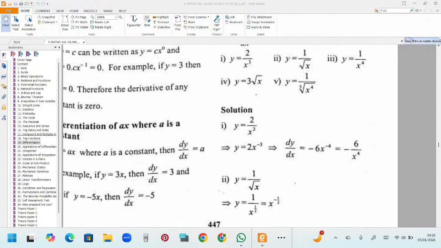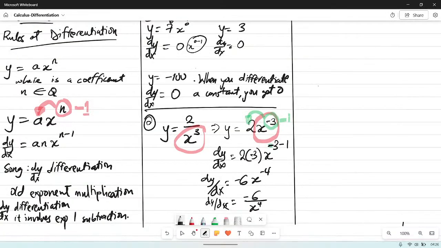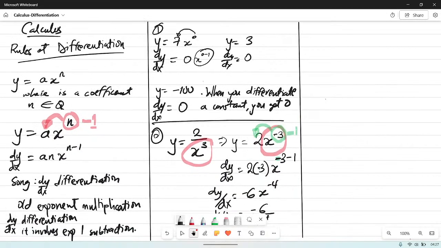Okay, let's do another one. 1 over root x. For example, y equals 1 over root x. Now the root means that the element is raised to the power half.